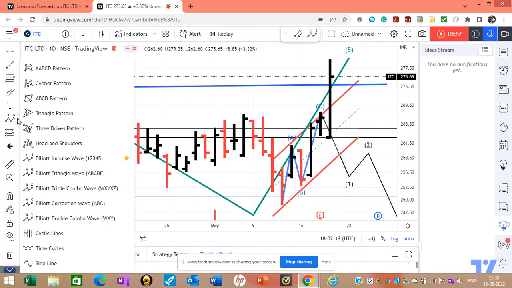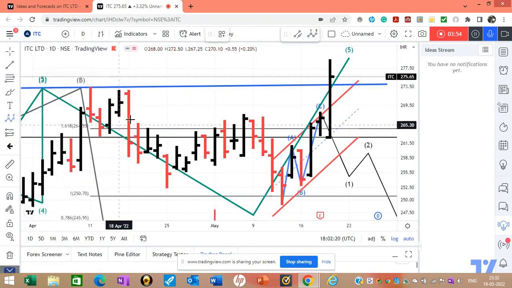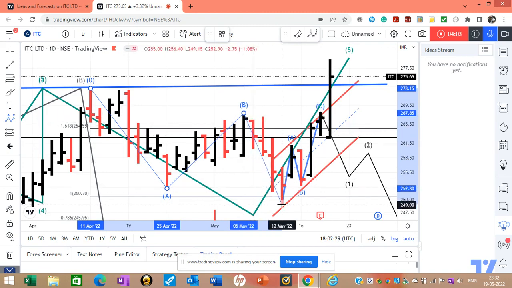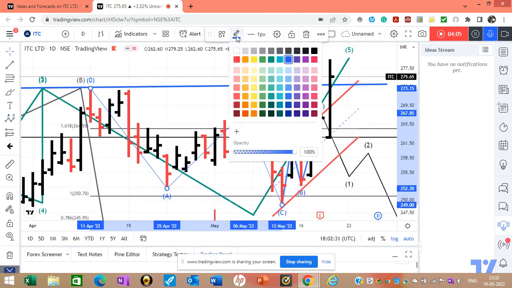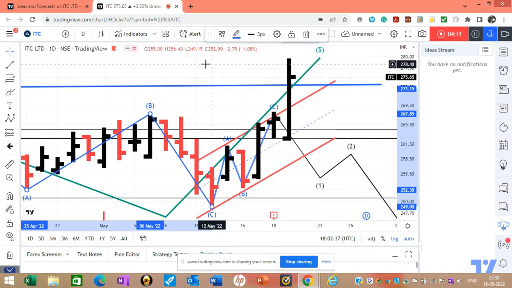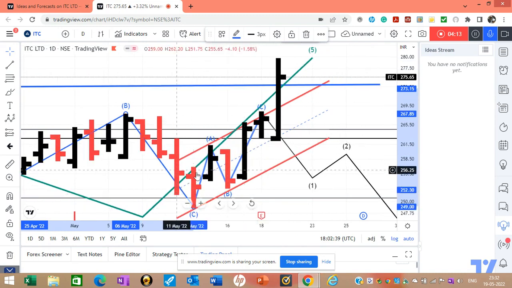This would be something like this: A, B, and C. This is a correction, a fourth wave correction. And this is the last pattern: A, B, C, A, B, C, A, B, C. And this is the last.